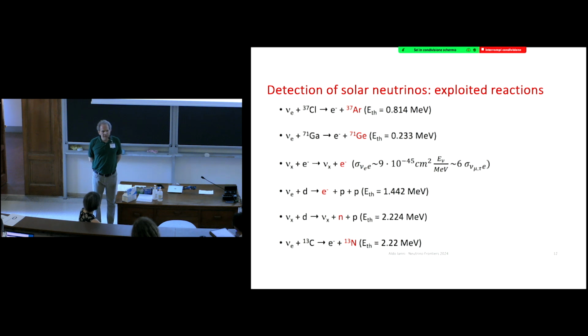I don't know. I think it's difficult because in SNO+ there is a huge amount of polonium, so I think that for them it will be difficult to go down to 1 MeV sensitivity.